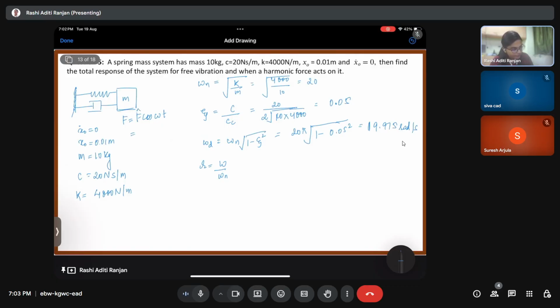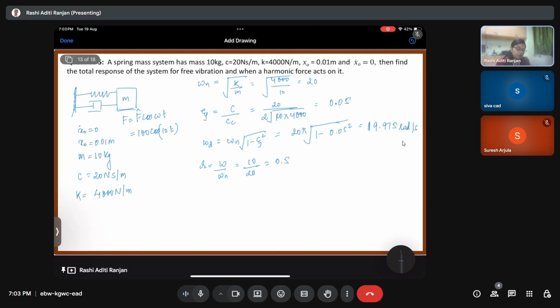So we are going to have 100 cos of 10t. Let us consider f as this for now. So we'll have r as 10 by 20, which is 0.5.